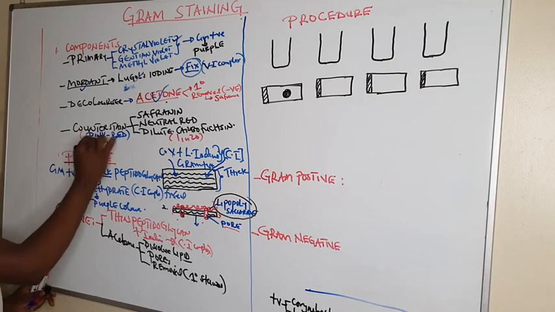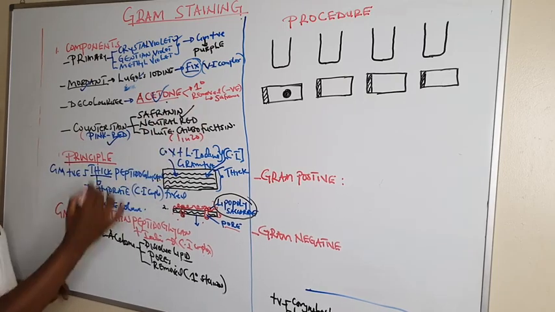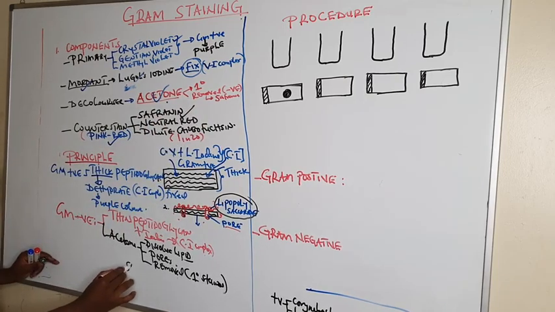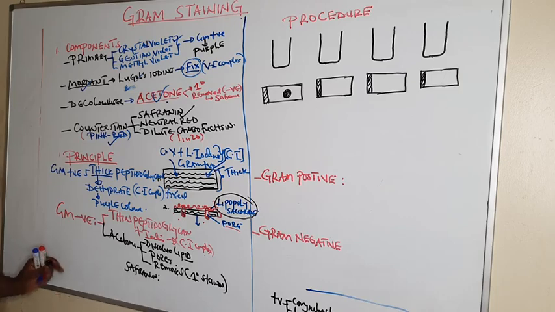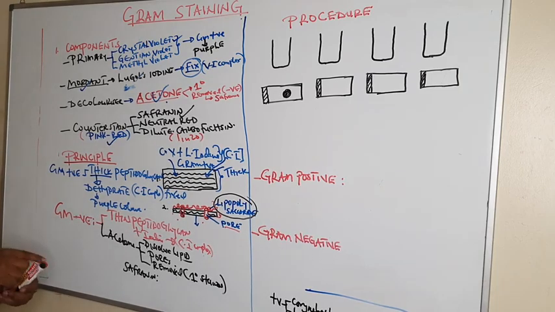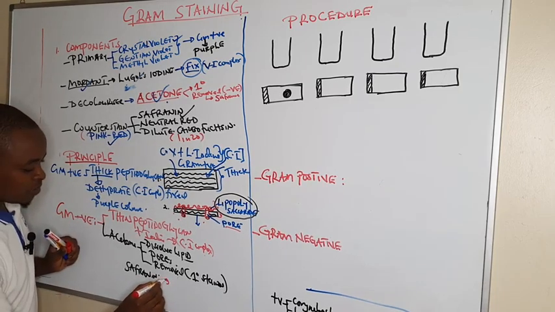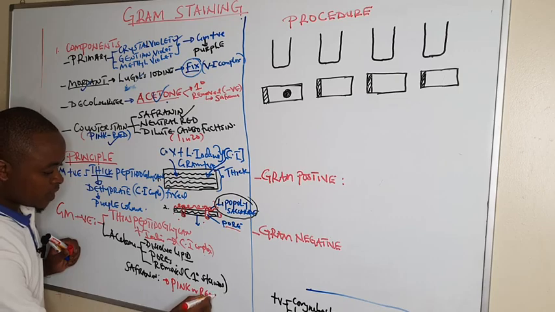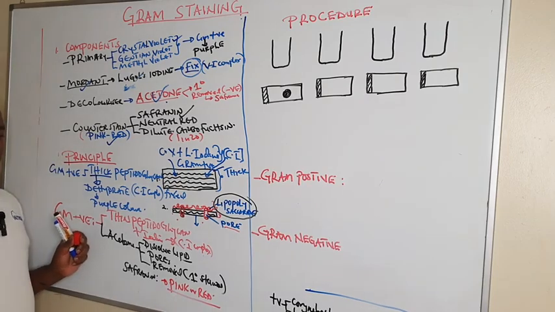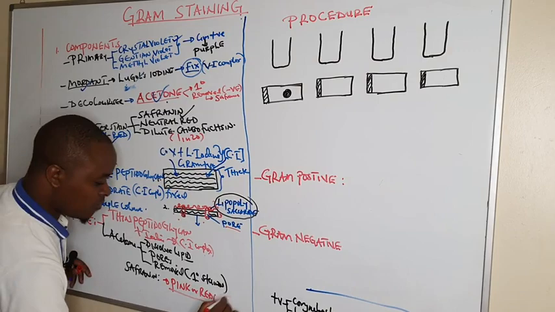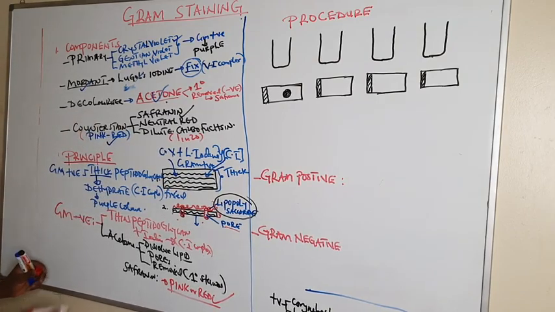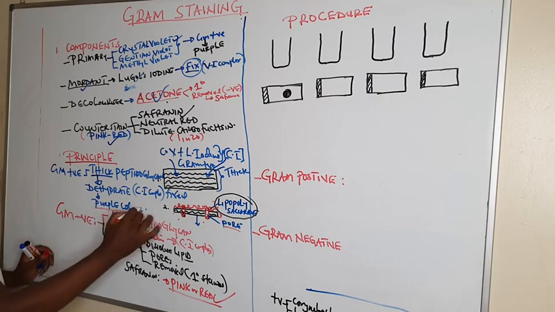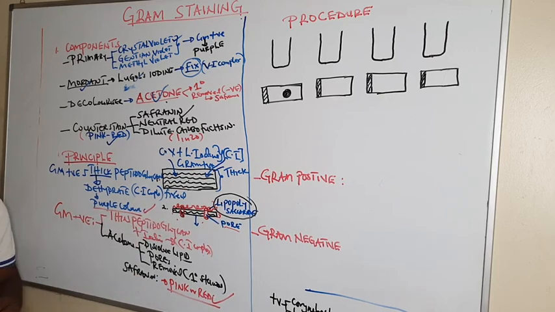So on application of the counter stain such as safranin, or neutral red or dilute carbol fuchsin, these gram-negative organisms are going to take up pink or red color as seen in the microscope. And these ones we shall say are gram-negative, whereas those that take up purple color are known to be gram-positive.